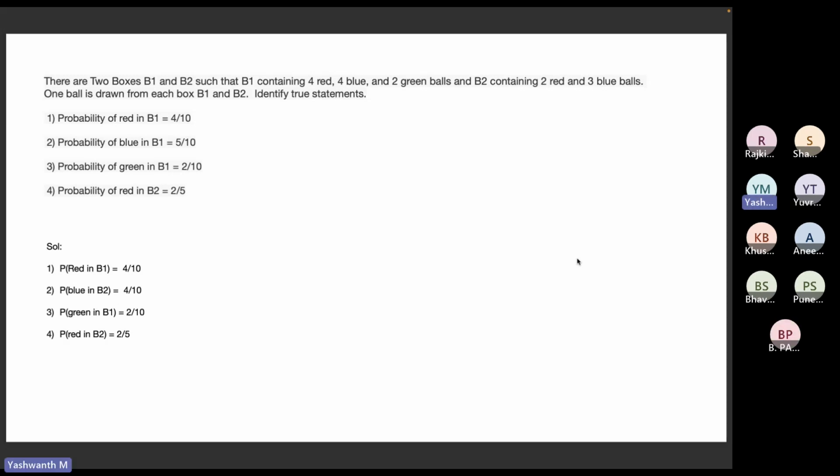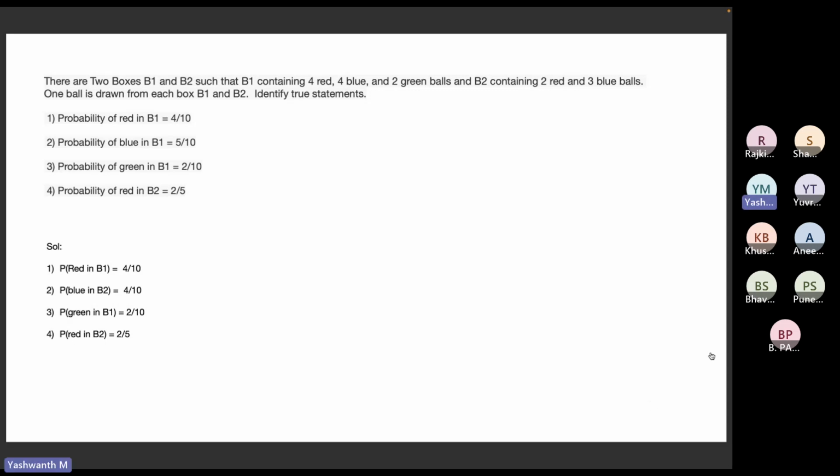Anyone else? If the question is changed to say you pick two balls and you see that both are red, what is the probability of that event? We are only looking at box B1 that contains four red, four blue, two green balls, and now you are drawing two balls from B1 and you observe those two are red.